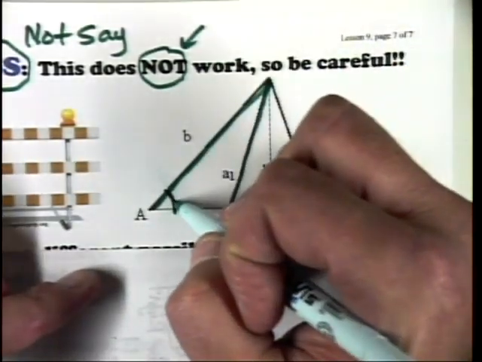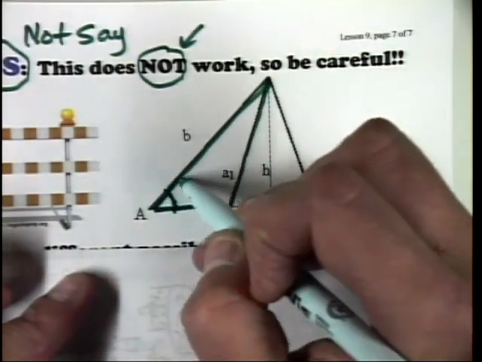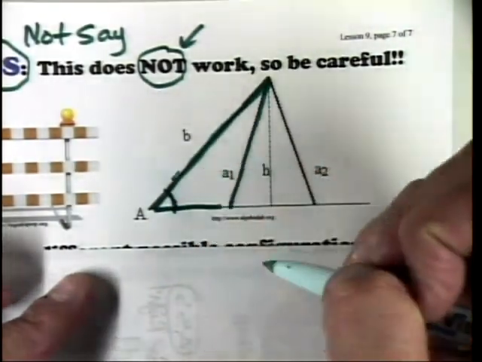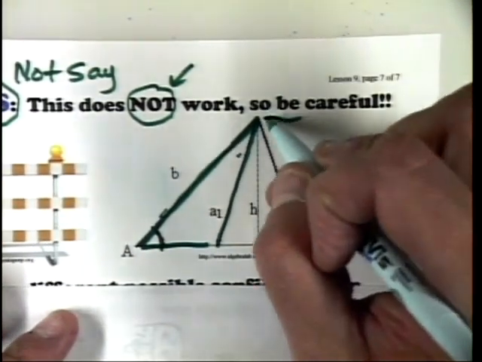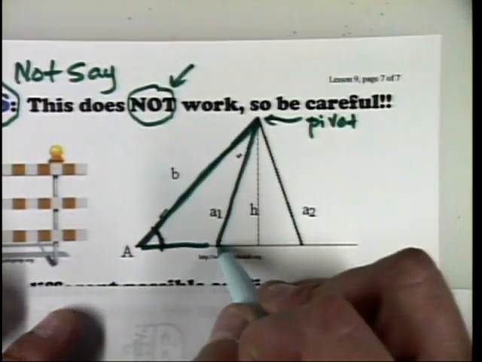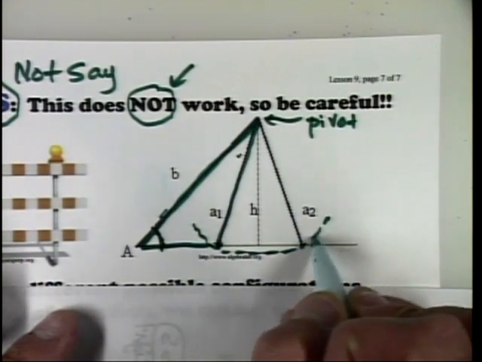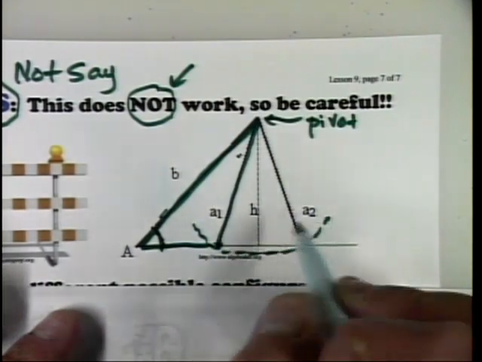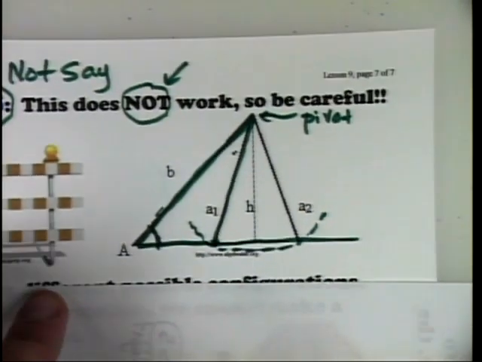I know that this angle has to be fixed, so this angle right here with the bottom can't move, which means that this arm is pretty much fixed. But since this angle up here is not specified, I can think of this point up here as being a pivot point. And I can let this leg right here swing back and forth freely like a pendulum, okay? And wherever it intersects with the base of this triangle, I can get a possible triangle.